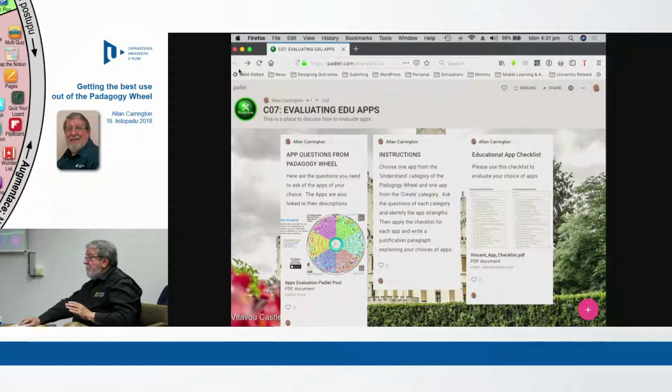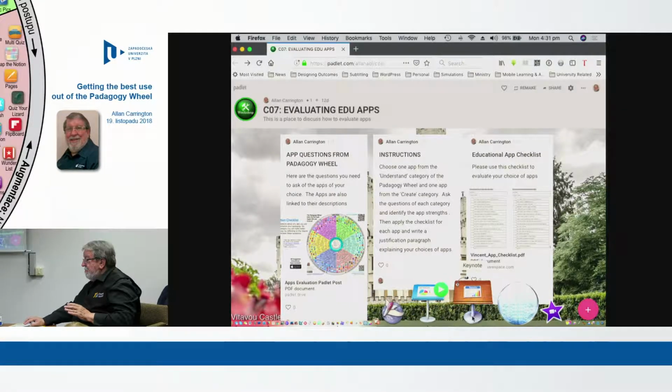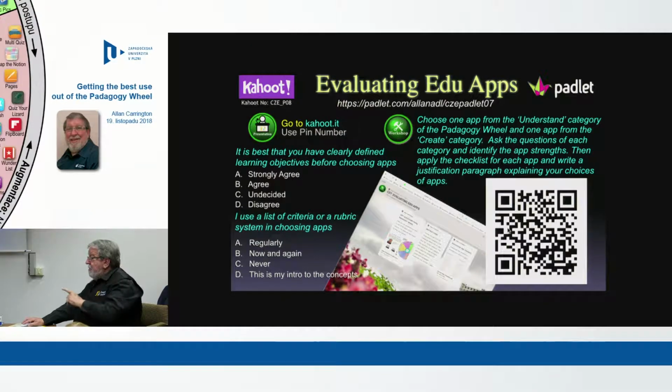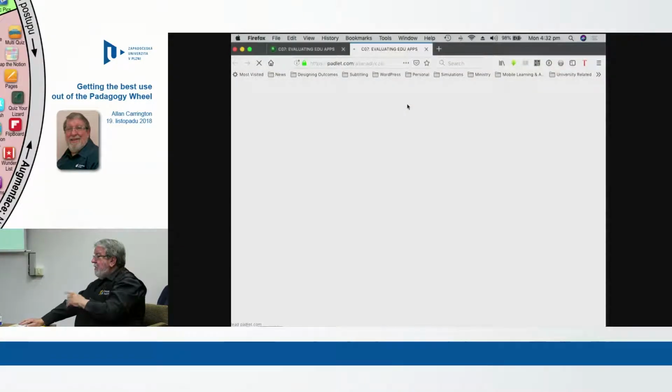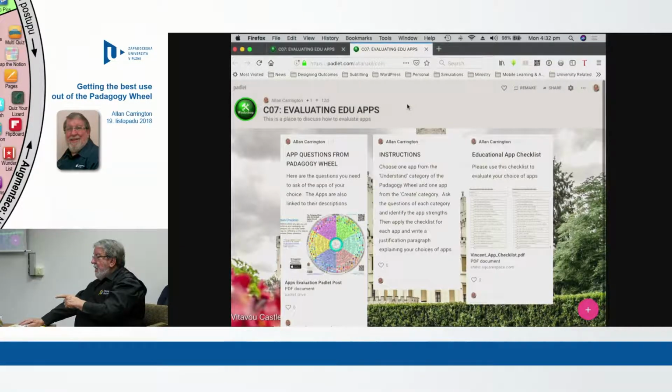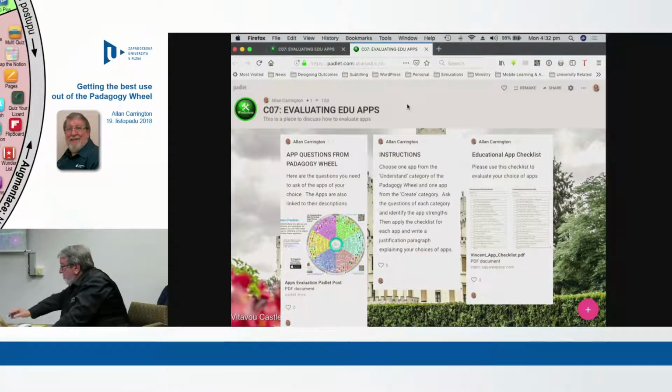Go to this Padlet, with the phone or that URL with your computer, and for the next 5 minutes, talk among yourselves and add something to it.